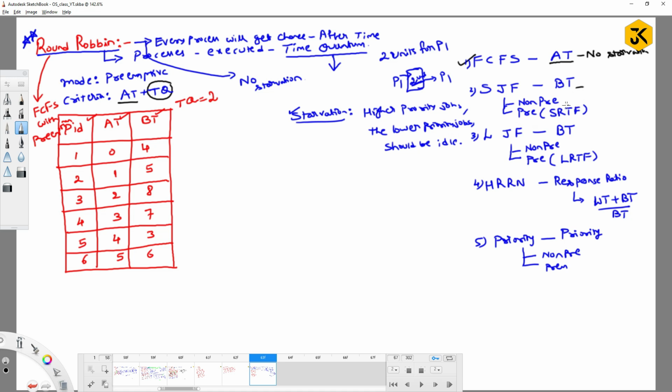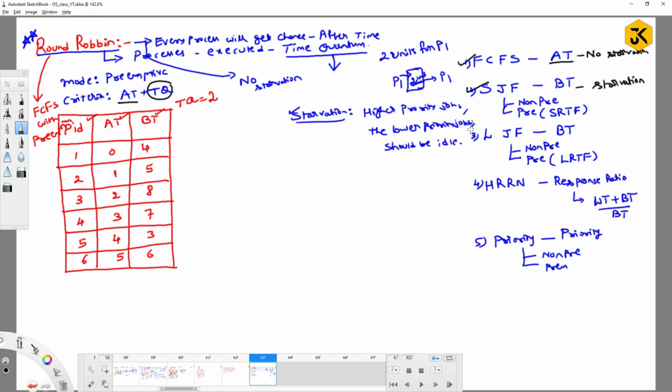If new processes keep coming with less burst time, the longer processes have to wait for a long time, so there is starvation in both non-preemptive and preemptive SJF. Is it okay, guys? Yes.